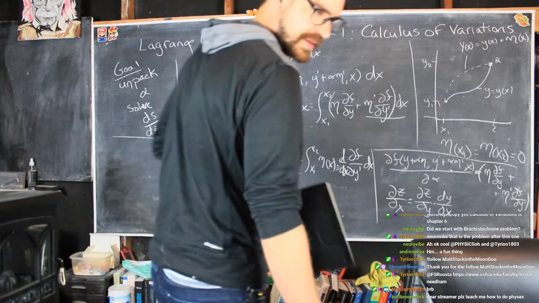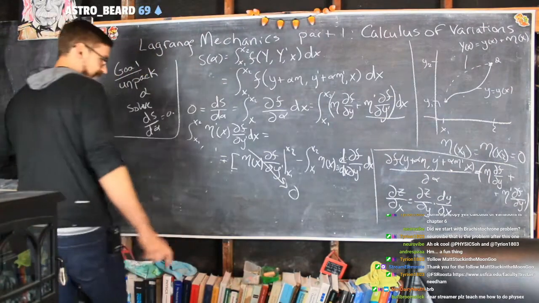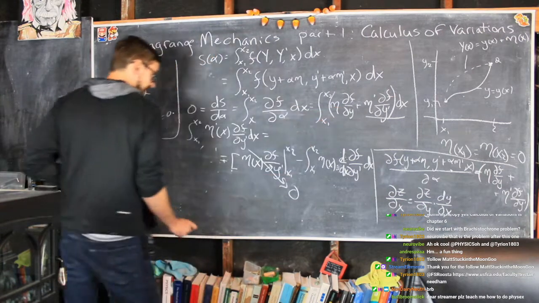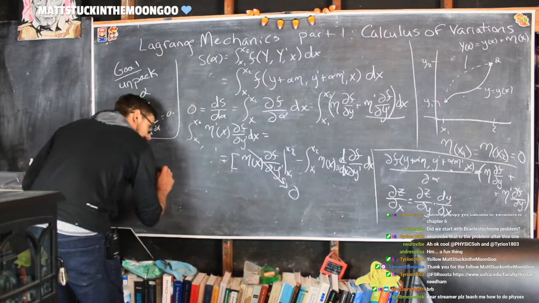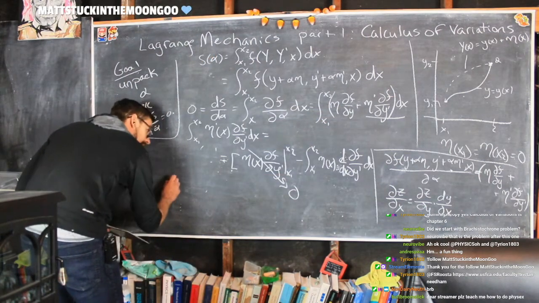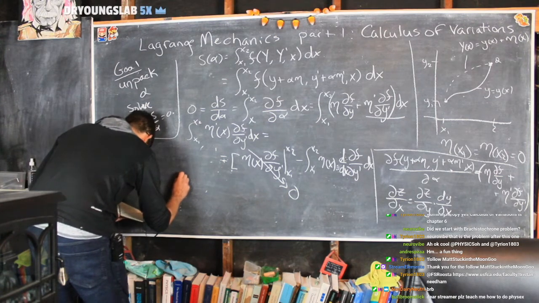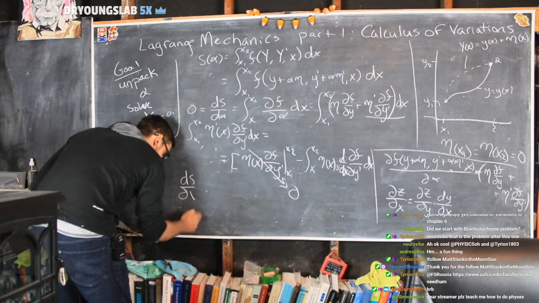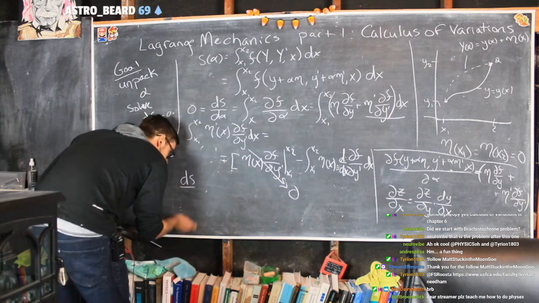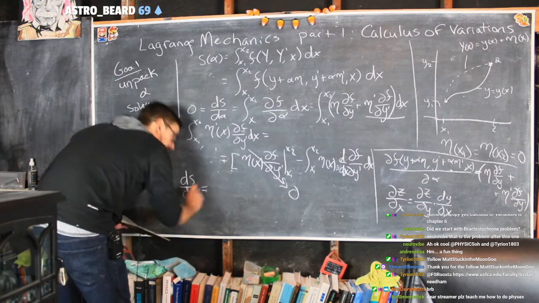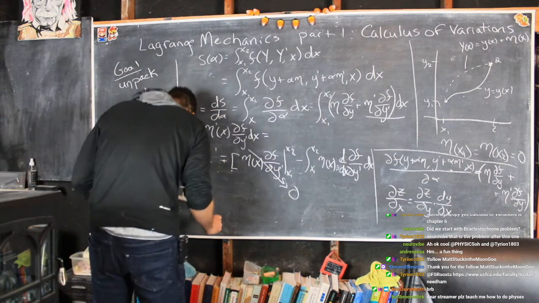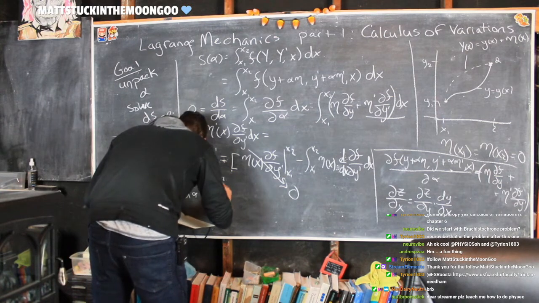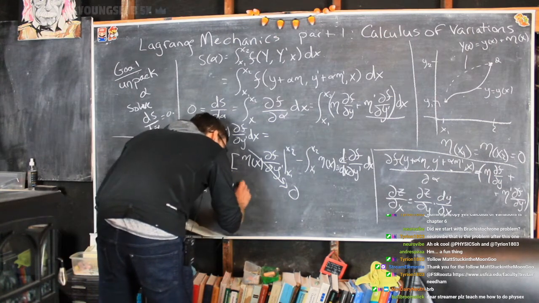Cool? Cool? Cool. Now, let's do that substitution. What happens if we set this equal to this and we put it in there? We get the following. What do I have? Oh yeah, ds d alpha is equal to the integral from x1 to x2 of eta of x.